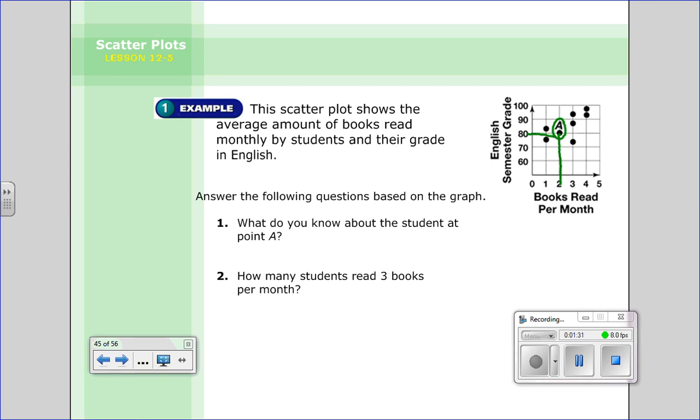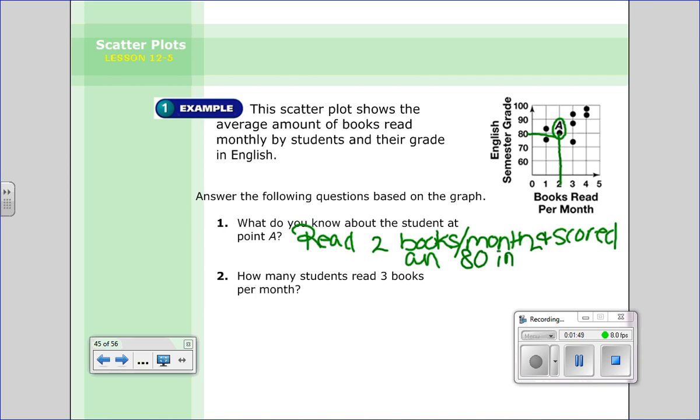We can know this student read 2 books per month and scored, it looks like, an 80 in English. I got all that by just looking at the data and where it would line up.